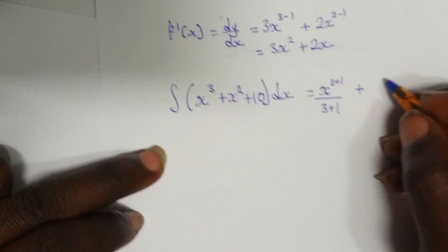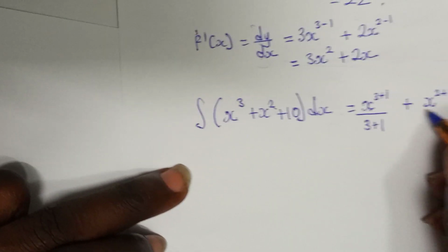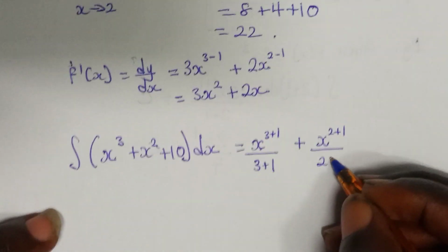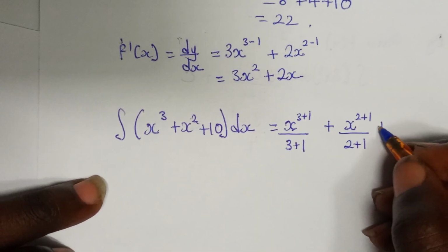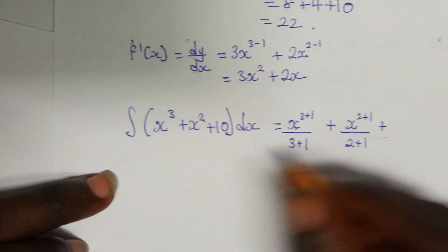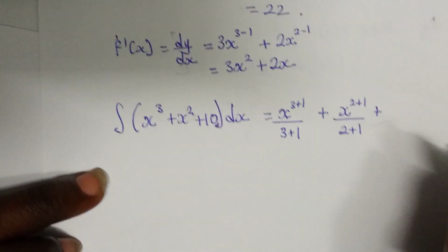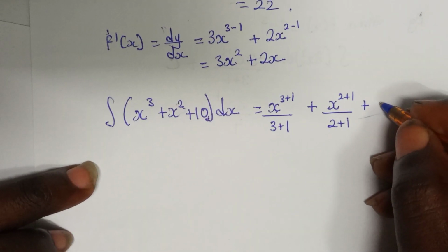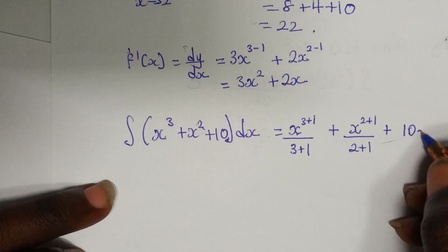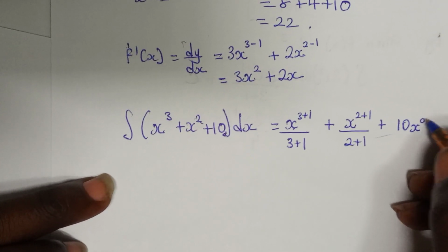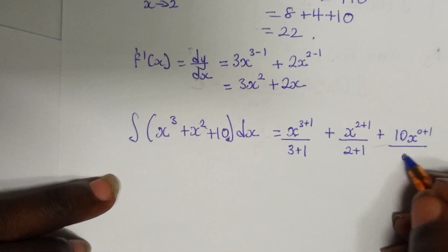So we are going to get x exponent 2 plus 1 divided by 2 plus 1, plus, so this has x power 0, sorry. So we are going to get 10x raised to the power 0 plus 1 divided by 0 plus 1.